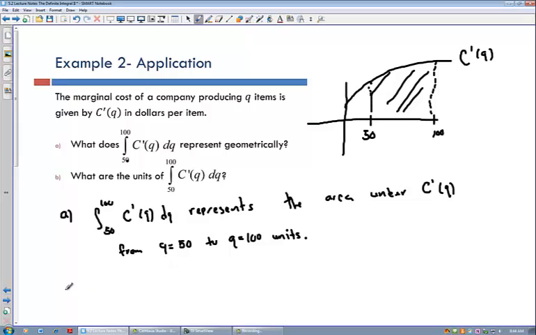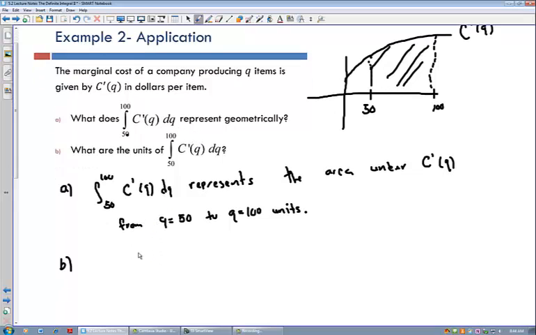And then in part B, what are the units of the integral from 50 to 100 of C prime of Q dq? Now this one is actually a little simpler to answer if you write down what the actual units are. So here's the integral from 50 to 100. You have this C prime of Q, and then you're multiplying by dq. So think for a second here.